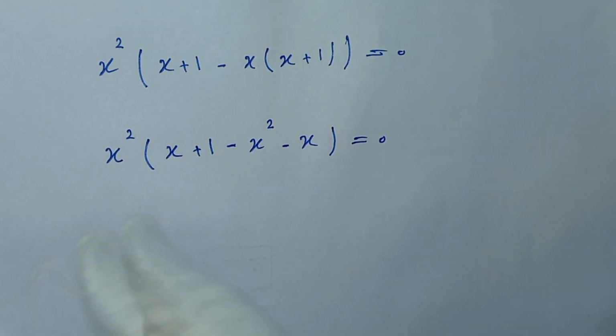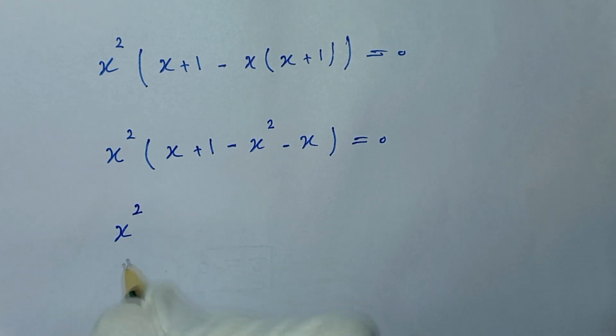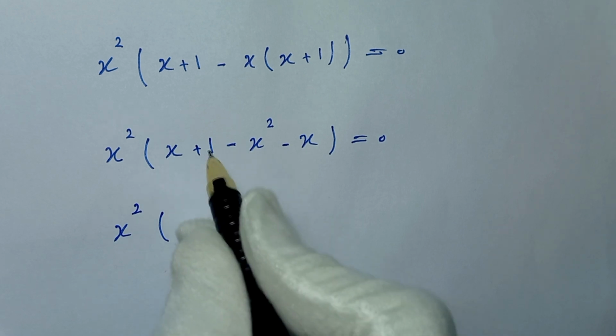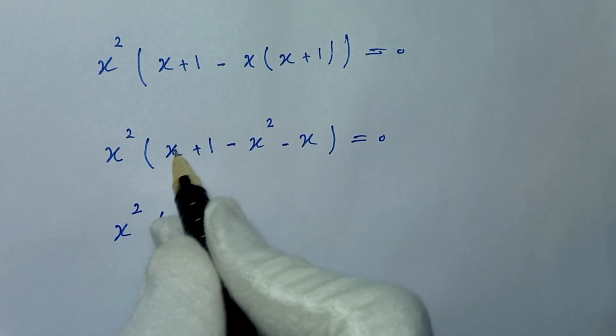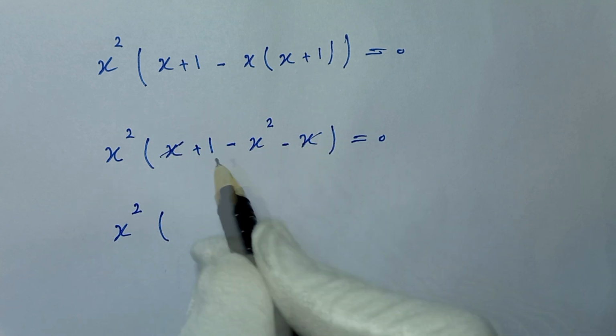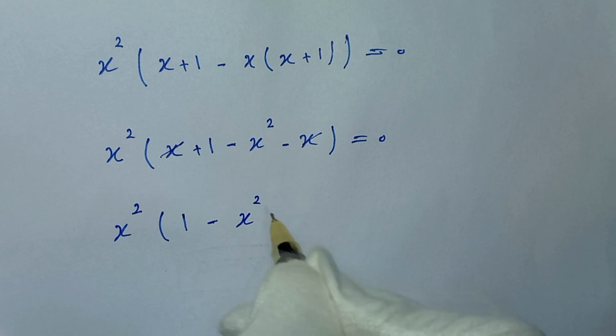And in the next step, x squared times, in here this x will cancel this minus x, and in here 1 minus x squared is equal to 0.